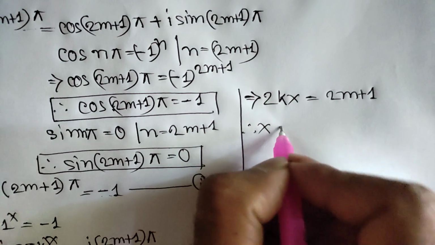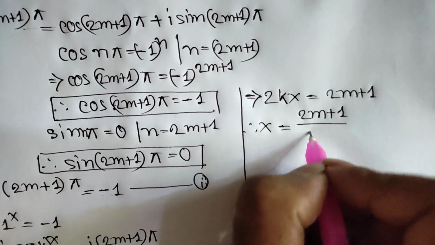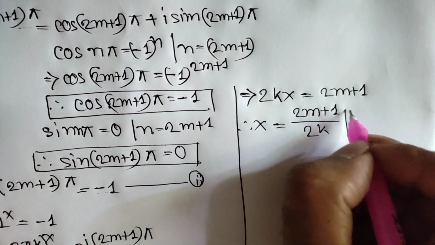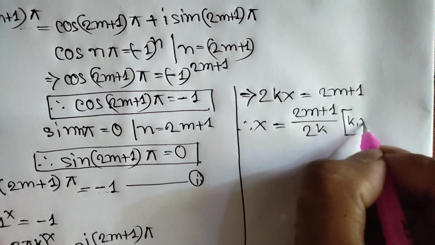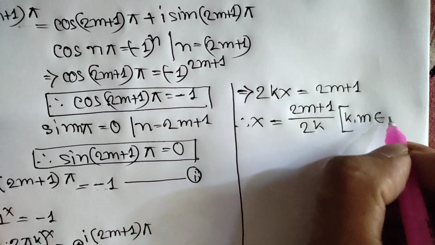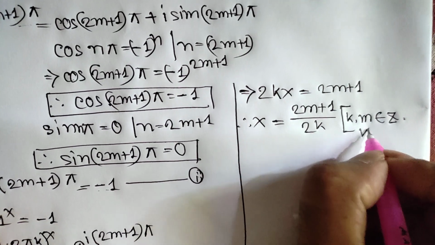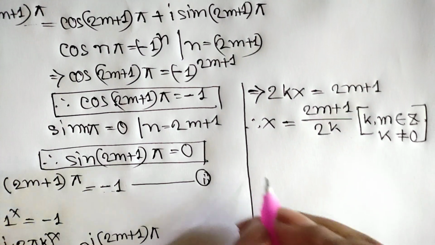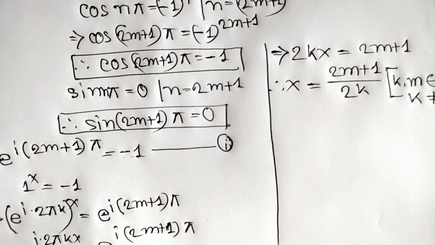So the value of x is equal to (2m plus 1) over 2k. Here k and m are integers and k is not equal to 0. So this is the general solution of this equation.